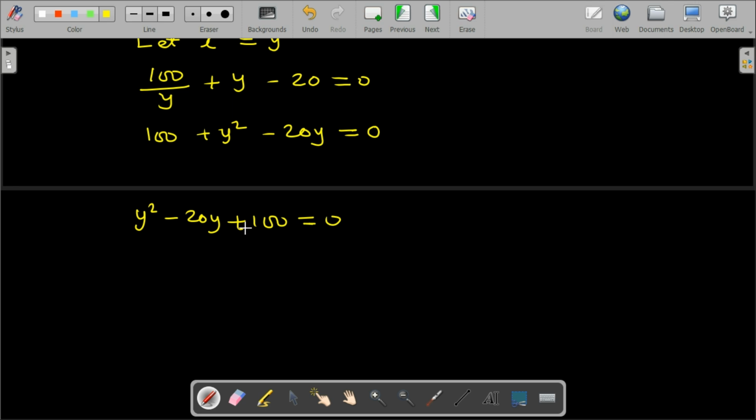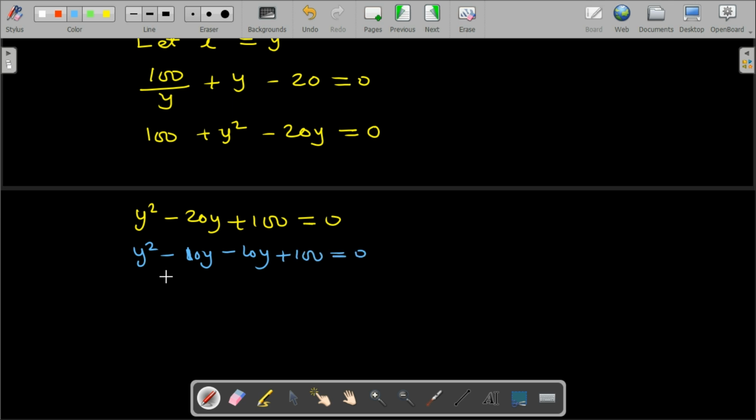Okay, so if we look closely, we see that this can be factorized. The factors are minus 10 and minus 10, since minus 10y times minus 10y will give us positive 100, and the addition of minus 10y and minus 10y will give us minus 20y. So this becomes y squared minus 10y minus 10y plus 100 equals to 0.